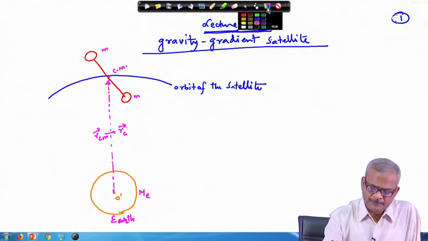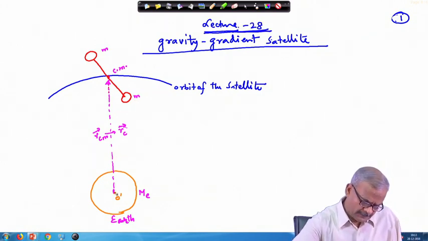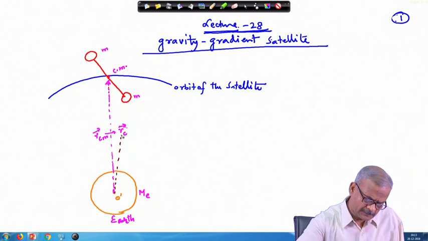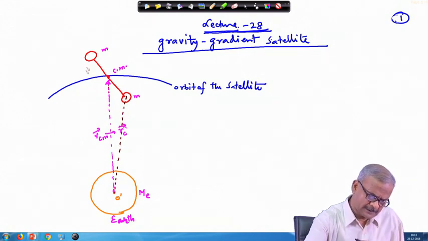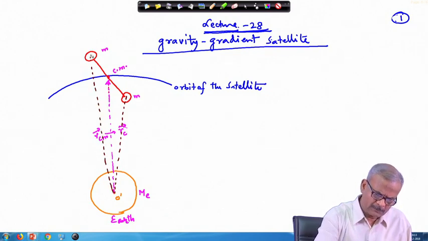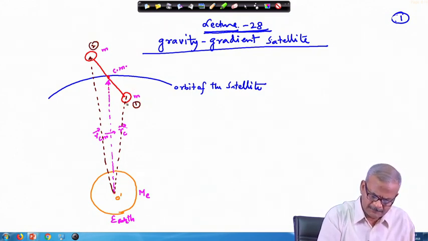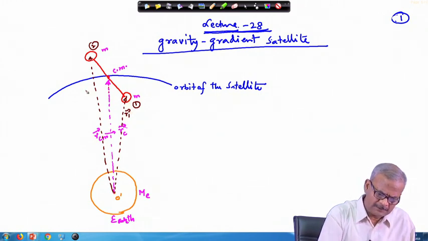So what we observe from this place, if we join this and this, say this is the first mass, this is the second mass, and we write this as R 1 and this as R 2.